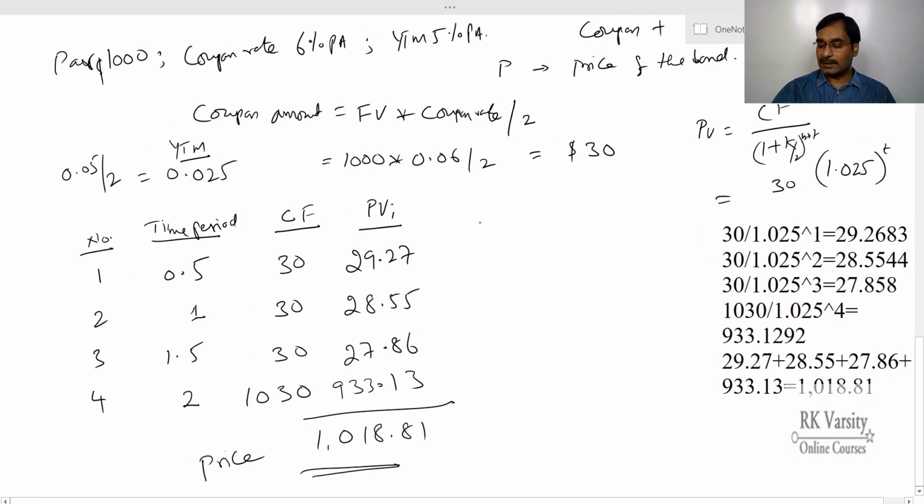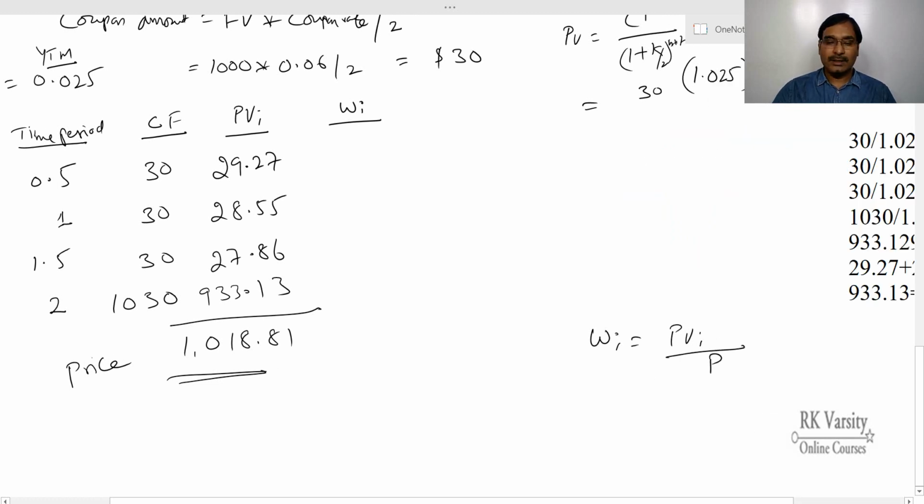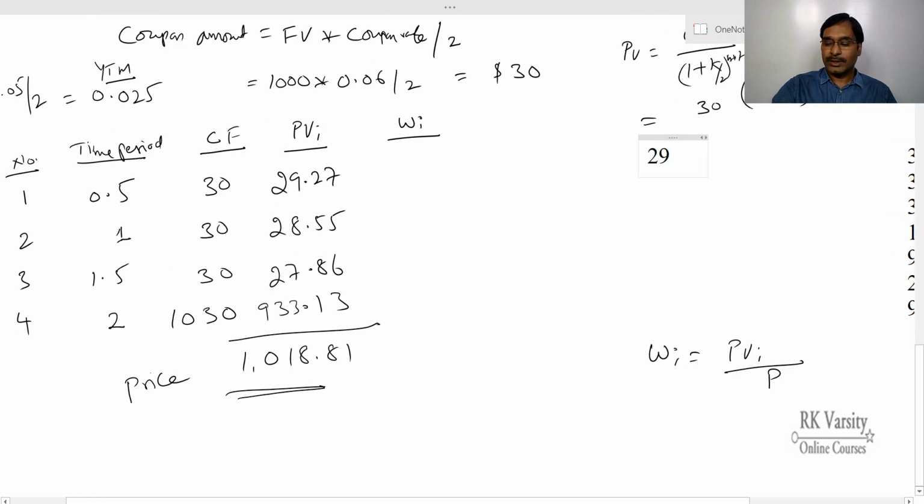Then we calculate the weights. Weight of i equals the present value of the cash flow upon the price of the bond. So for the first one, the weight will be 29.27 upon 1018.81.